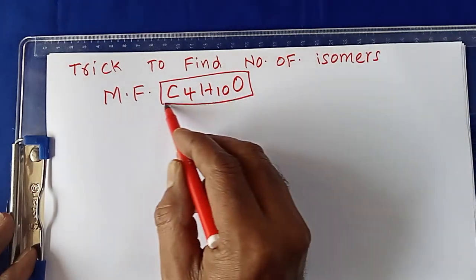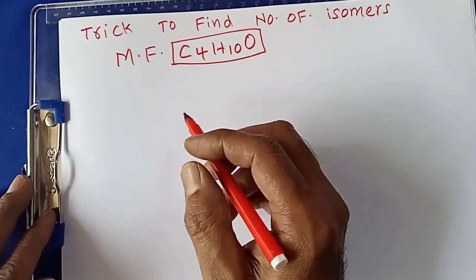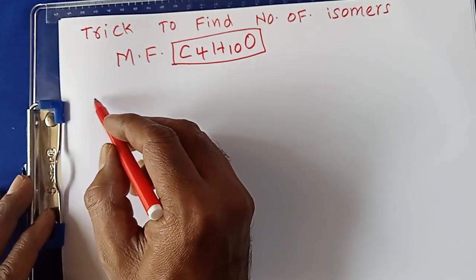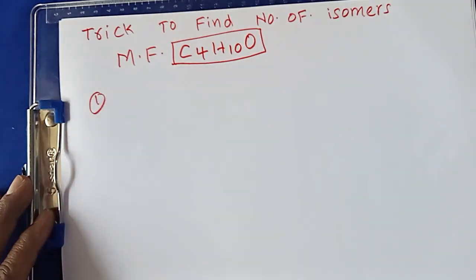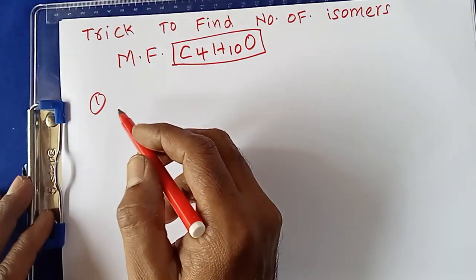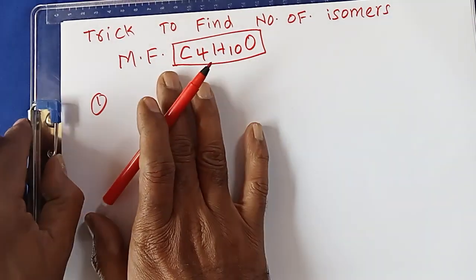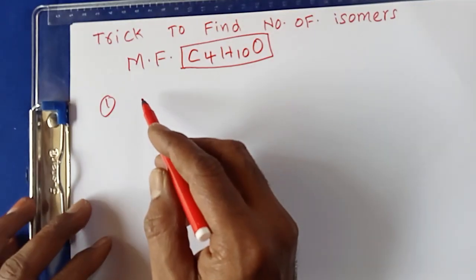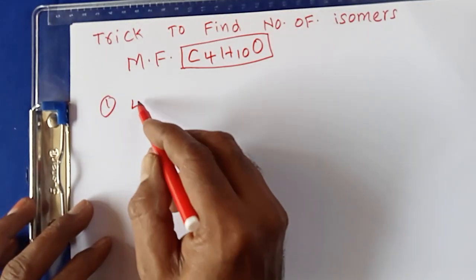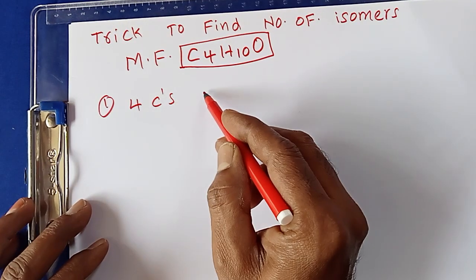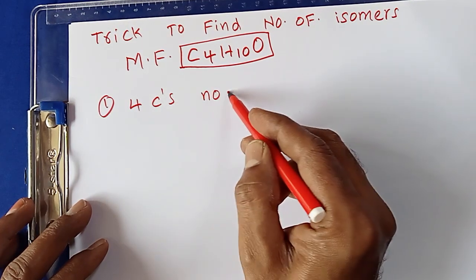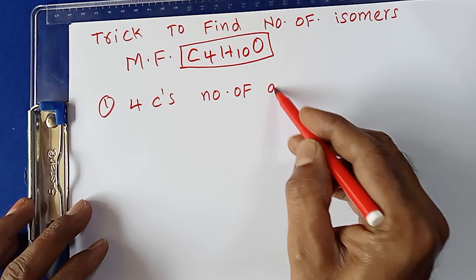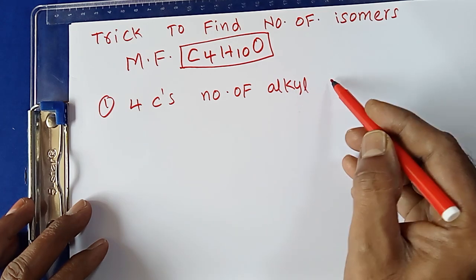Okay, before going to this, we need some fundamental basic concepts. First concept: the number of alkyl groups with 4 carbons in organic chemistry.